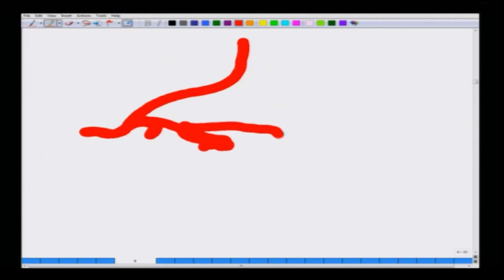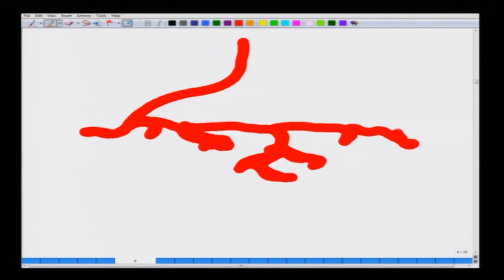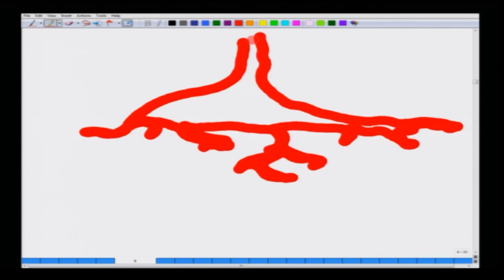Very similar to the way I am drawing it, and we will do the nomenclature very soon. So, this is the neuronal terminal, and here you have the muscle. Okay.